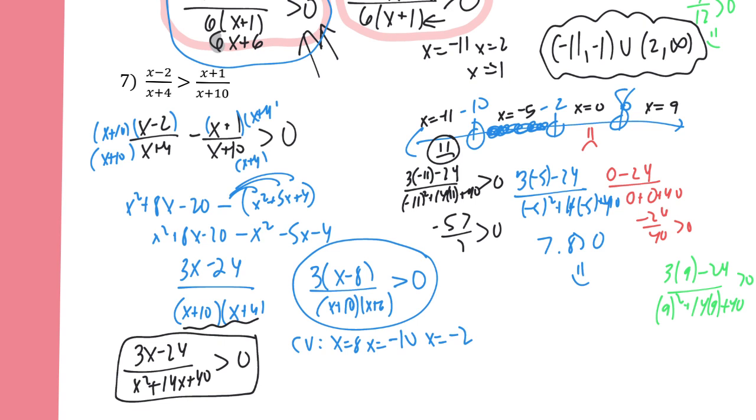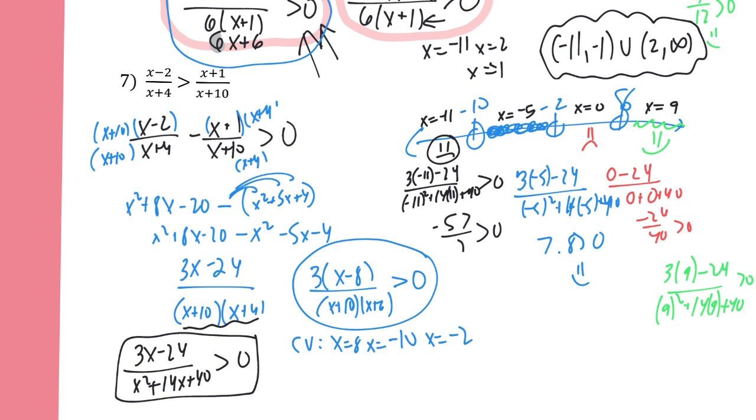Hey, we almost don't need a calculator on this problem. Then we've got 81, plus 14 times 9, and then plus 40. Guess what? You get a positive number. It is greater than 0. This is a yes.